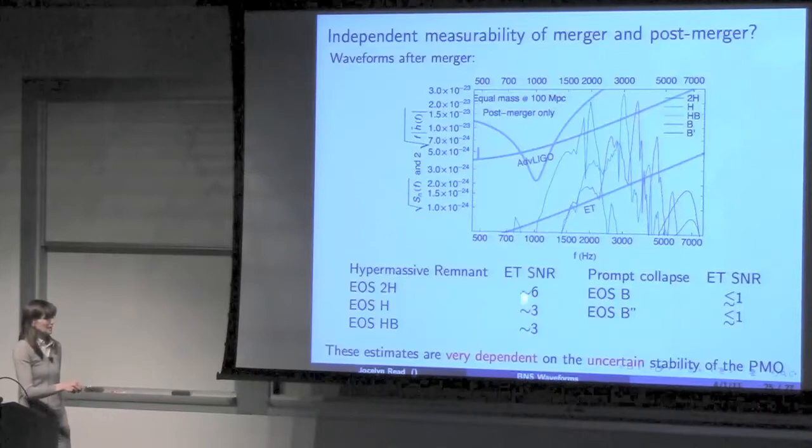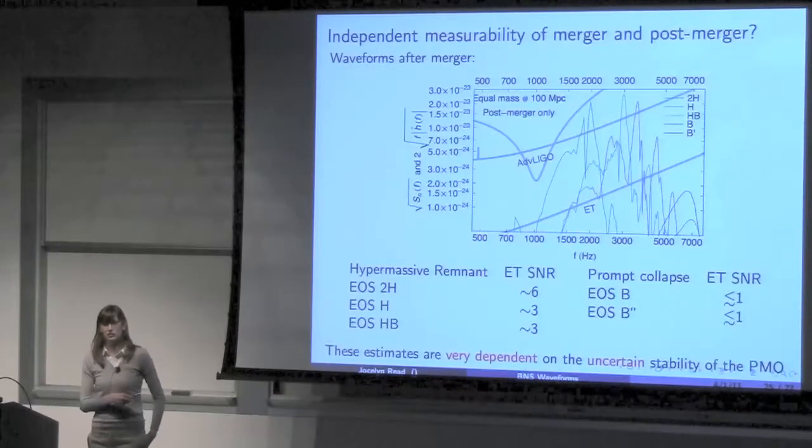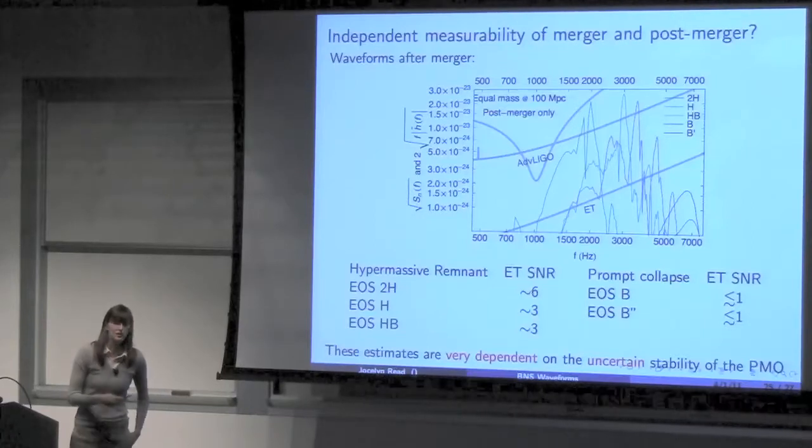But they are quite different, so you could imagine having some additional information to distinguish matter properties based on this kind of observation in a third-generation detector.